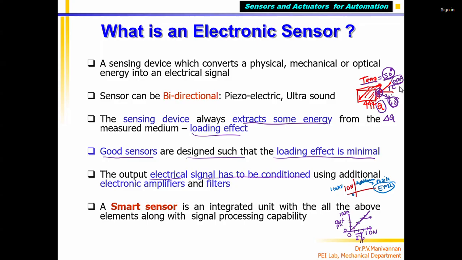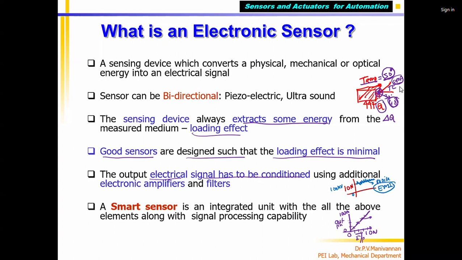For example, electromagnetic waves are generated by cell phones, TV, radar, all these things, including stars. Sometimes the stars also generate electrical pulses, which is called cosmic radiation, and it can generate electromagnetic noise also. Those things will be picked up by my sensor.